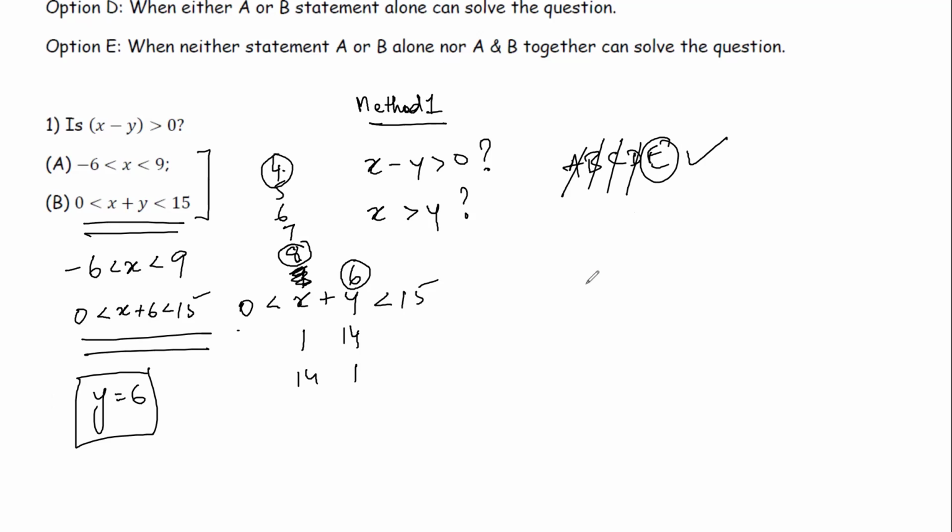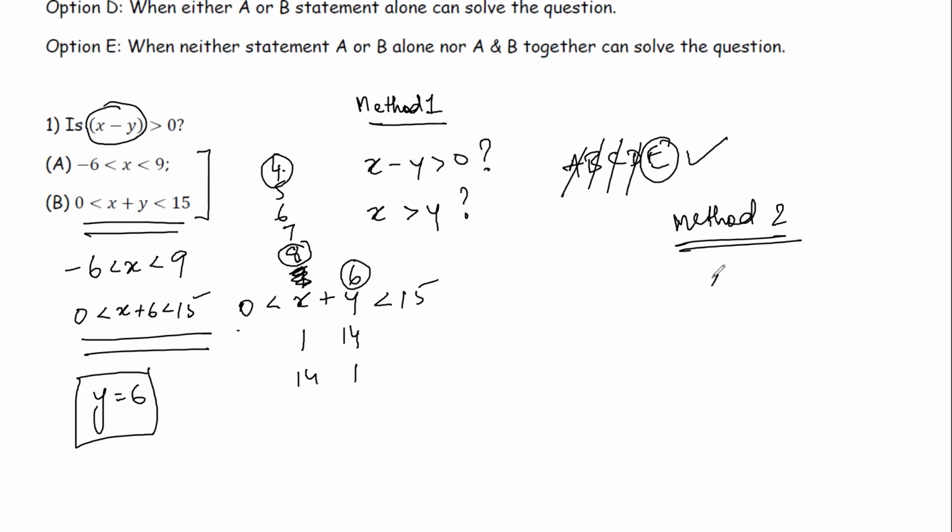Now, method 2 is trying to get to x minus y. So we know that A doesn't work and B doesn't work on its own. In method 2, I'll just work it out quickly.